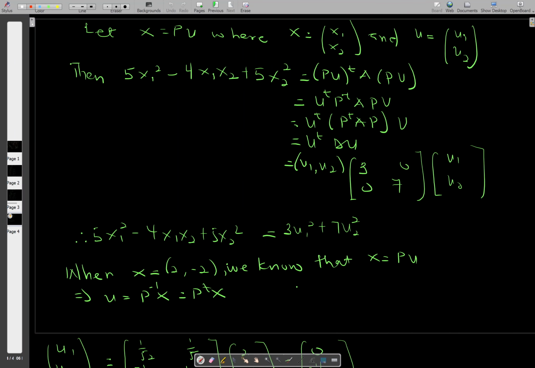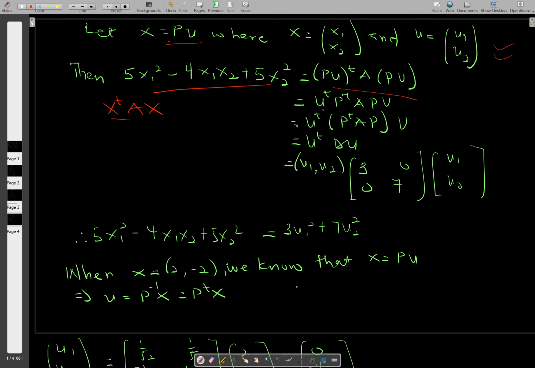Okay, but you see, we were given that x equals Pu. So we let x be x1, x2, and u be u1, u2. Then the quadratic form, x transpose Ax, can be written as Pu transpose A Pu, since Pu is equal to x.